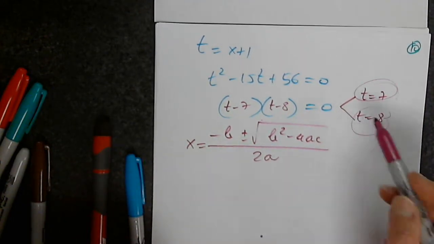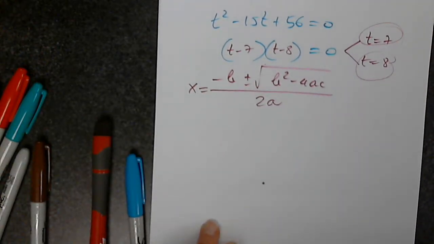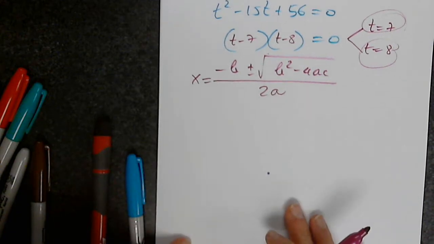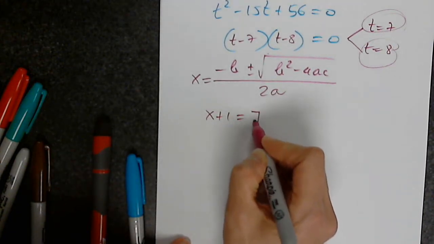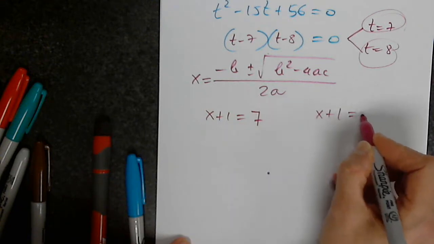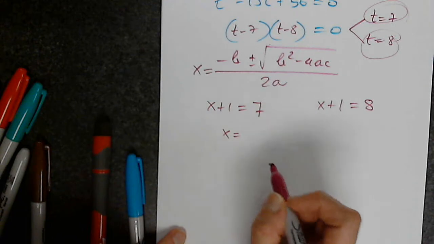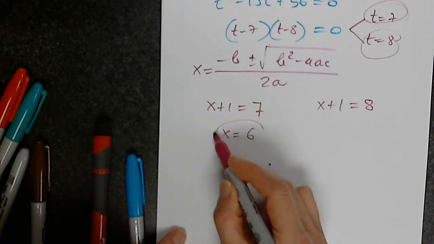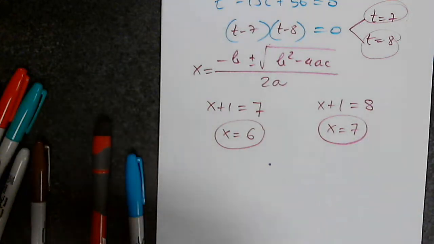However, these two give us two new equations. One equation is x plus 1 equals 7. The other equation is x plus 1 equals 8. So then x equals 6 and x equals 7.